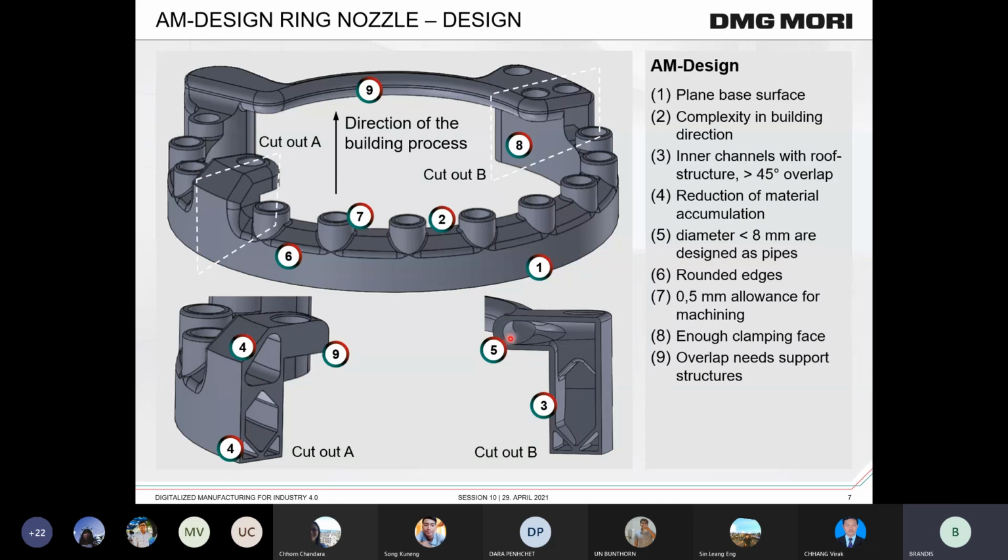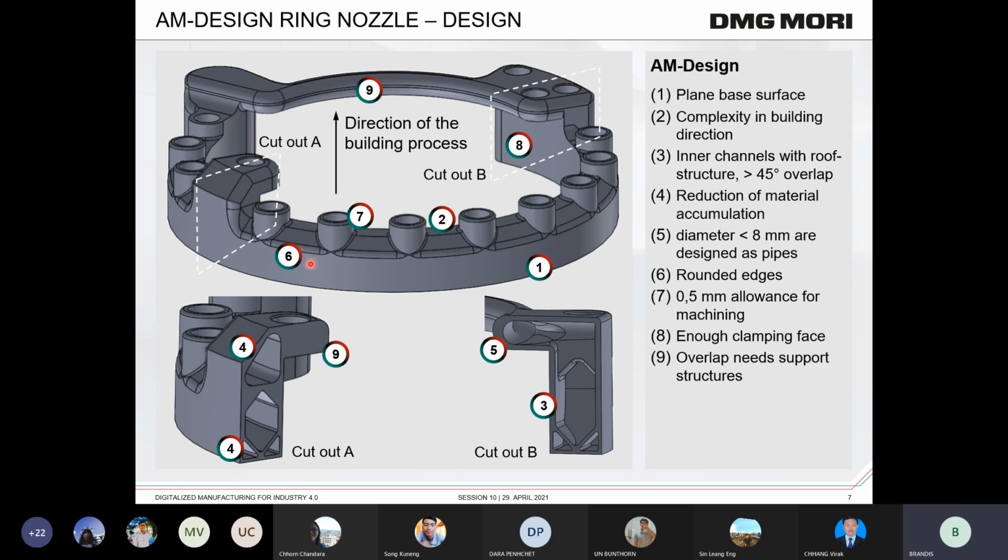Number 5 here is a pipe with a diameter less than 8 millimeters, and it's possible to print pipes with less than 8 millimeters in diameter directly without support structures. So normally you can print small channels directly without support, and then it's not necessary to change the geometry of such a pipe.